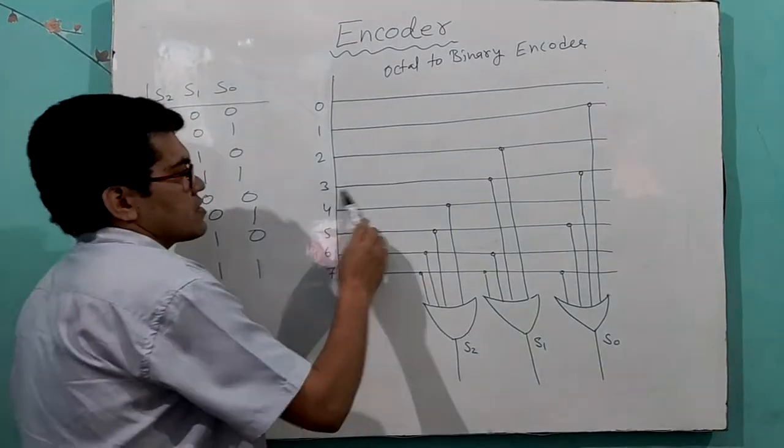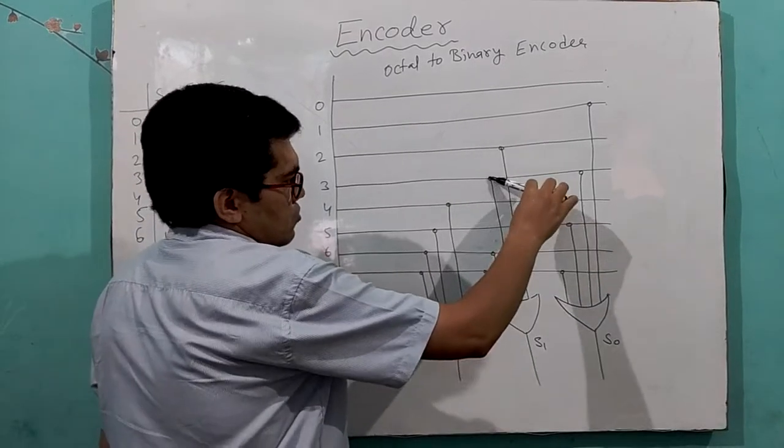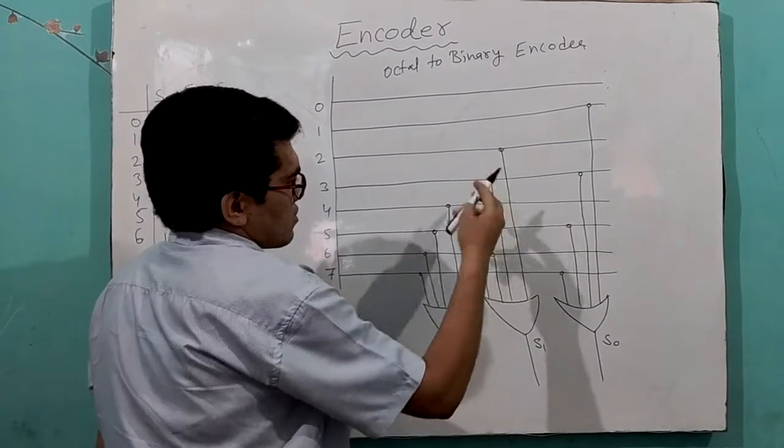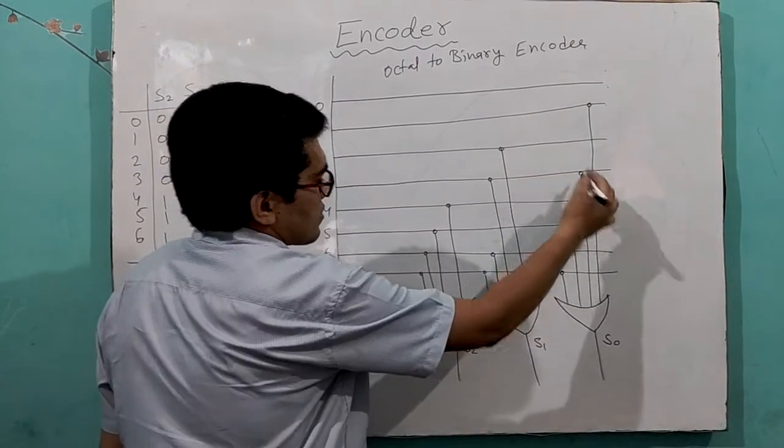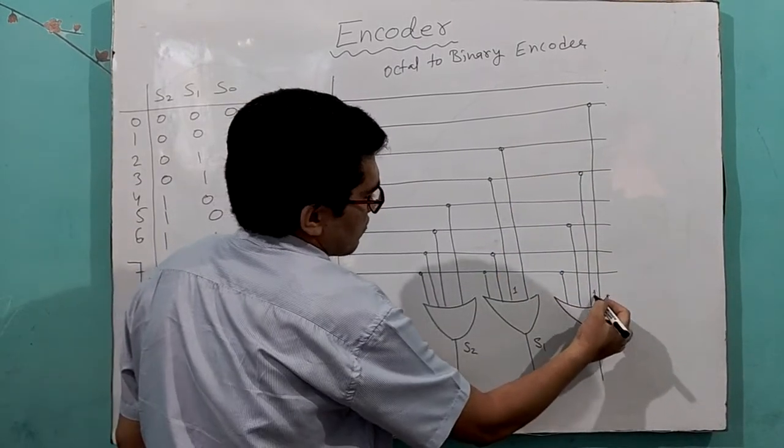Now when this is 1, this is an OR gate, so this one will be 1 and this one also will be 1.